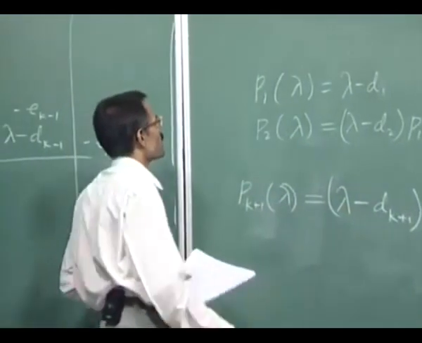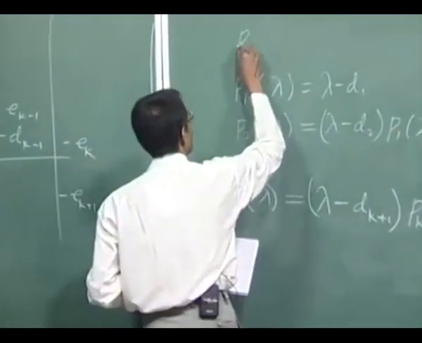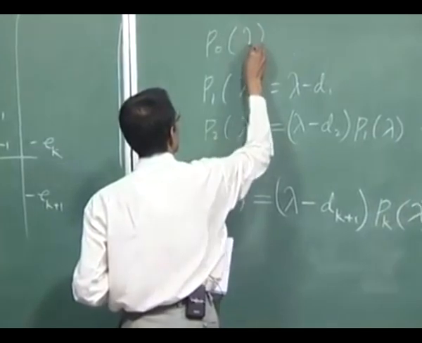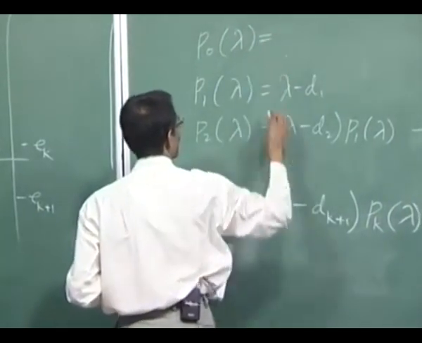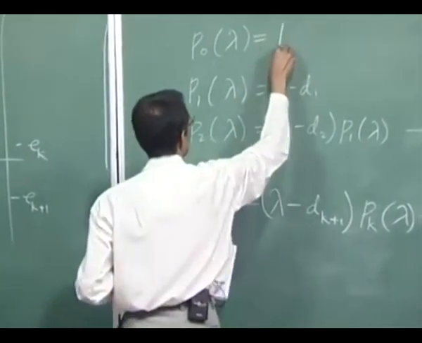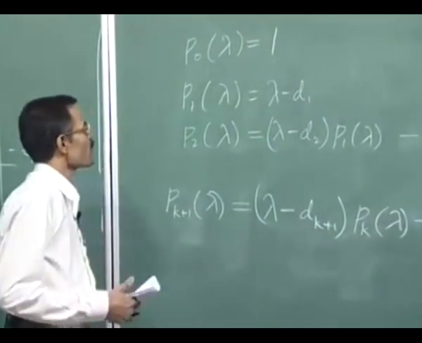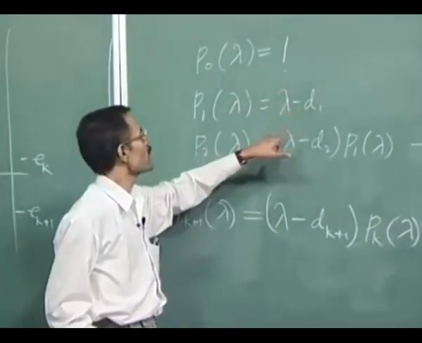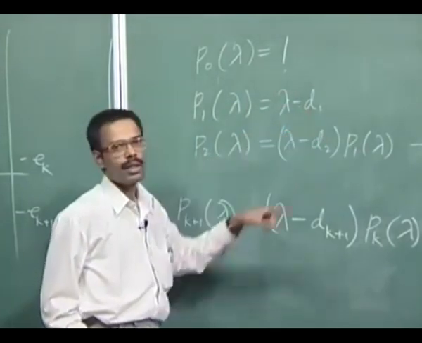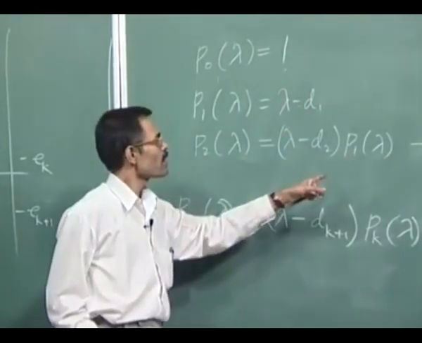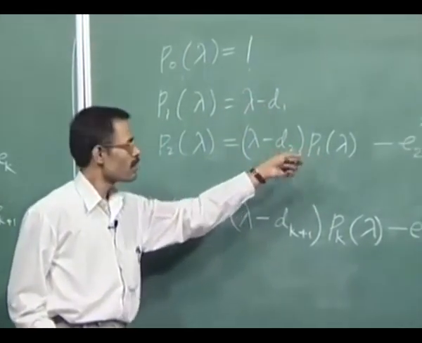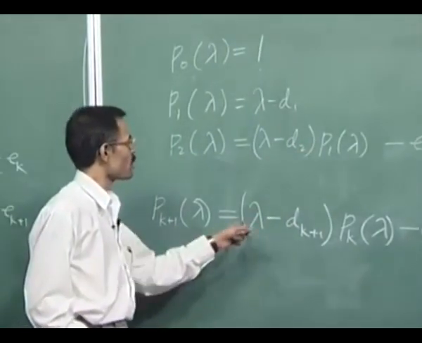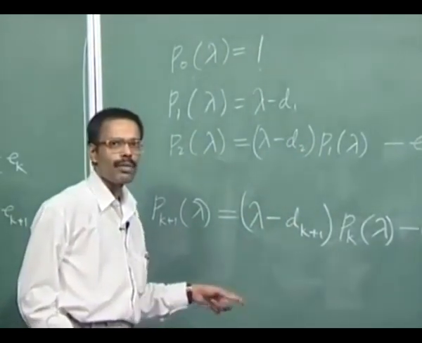At the top we also put a dummy element in this sequence in order to complete the sequence, and that is 1. Then this will have no roots, this will have 1 root which is d1, this will have 2 roots, which we can find out, and so on. Finally, p_n will have n roots.